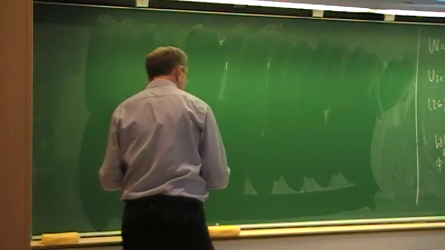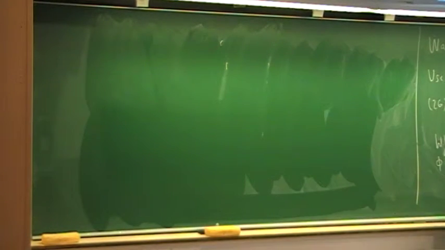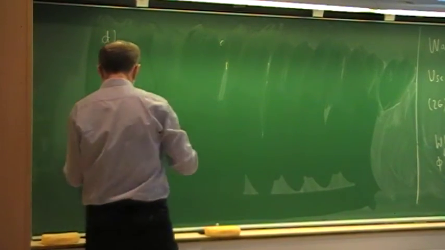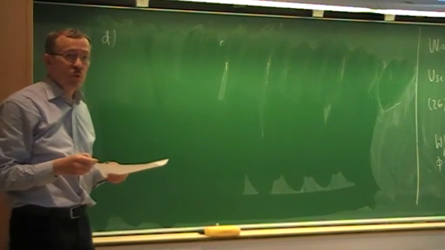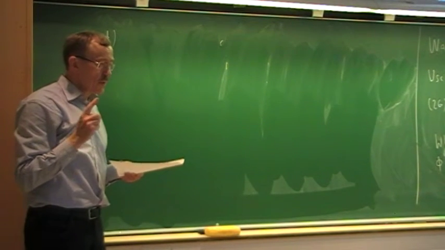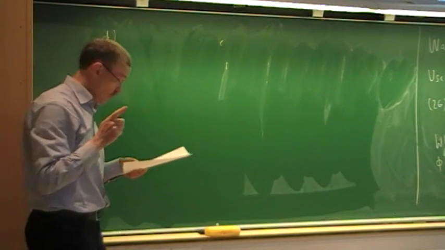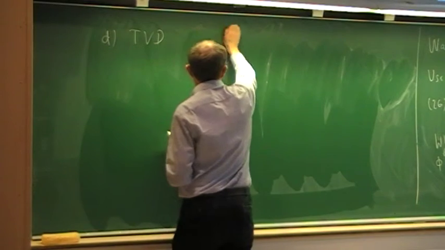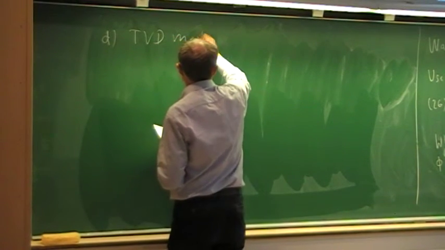So then let's look at alternatives. We have already discussed some alternatives before, actually, when we discussed methods for solving scalar conservation laws and nonlinear. That were the TVD methods, total variation diminishing methods.